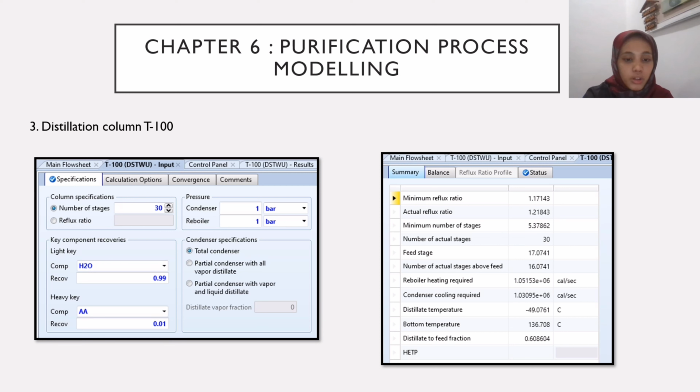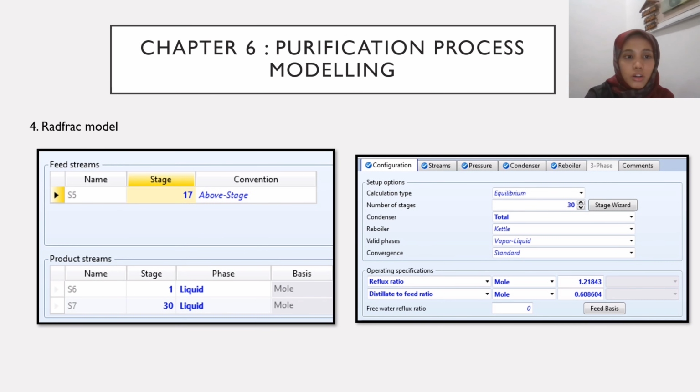To use in the RadFrac model, we will use a design spec to obtain the desired product specification and also a reasonable recovery. The feed stage is set as 17, above-stage under the stream setup, and the condenser was set to a total condenser with a reflux ratio of 1.21843 and a distillate to feed ratio of 0.608604 in the configuration tab.